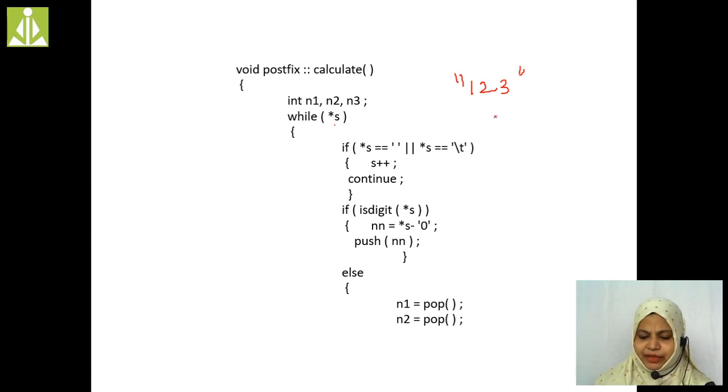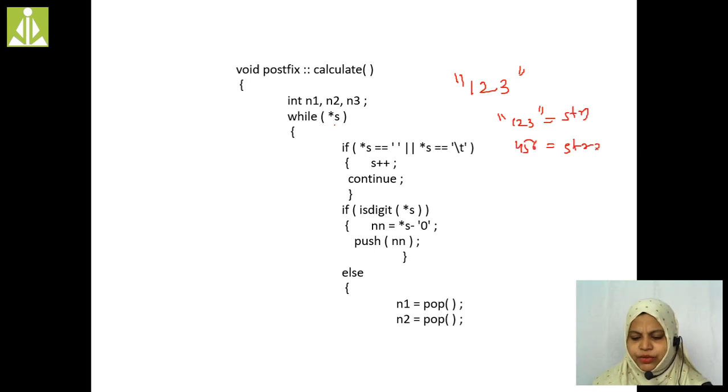For example, I am taking one string, str1. Now 4 5 6, this is str2. So what is the value of str1 plus str2? 1 2 3 and 4 5 6, str1 plus str2.